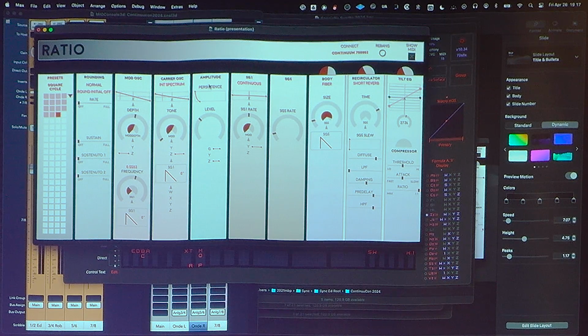So while this control appears linear to the end user, there is additional scaling happening.